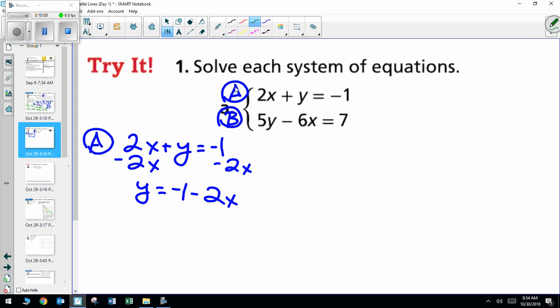And now that I know what y is, you're going to plug it back in. And what equation do I want to plug it back into? The first one. I mean, the second one. The second one. I got it from the first one, right? If I plug it back into the first one, I would end up with a true statement for x. So I'm going to plug this in to B for y.